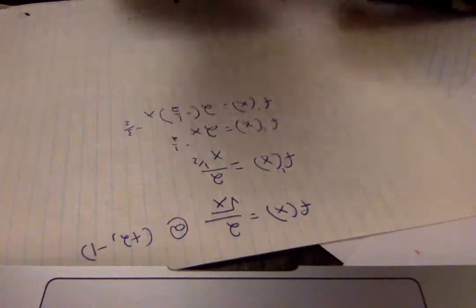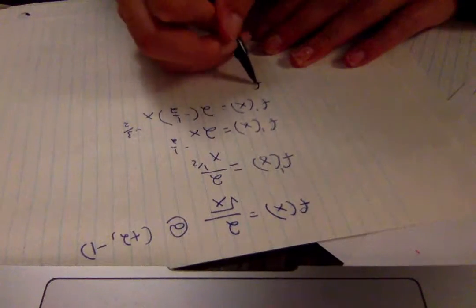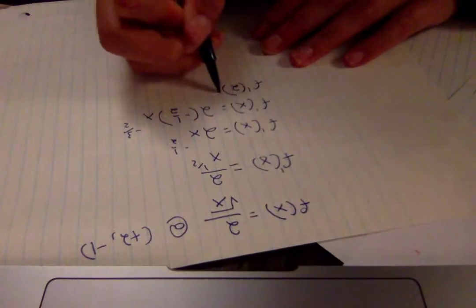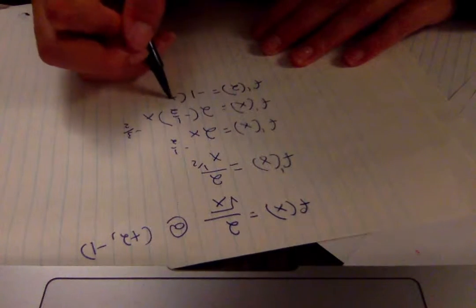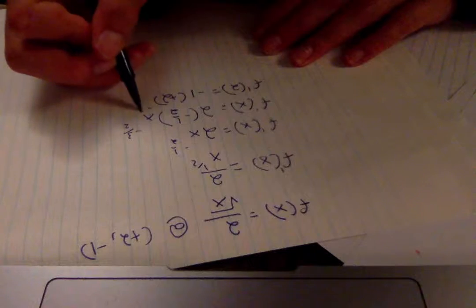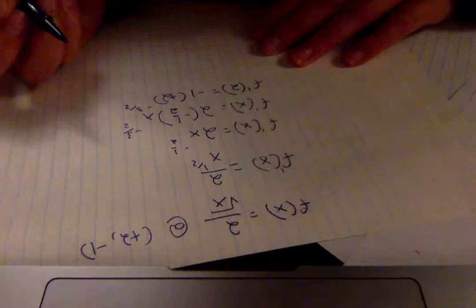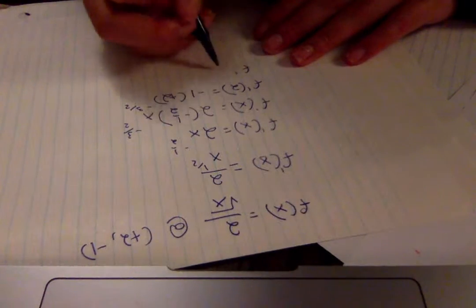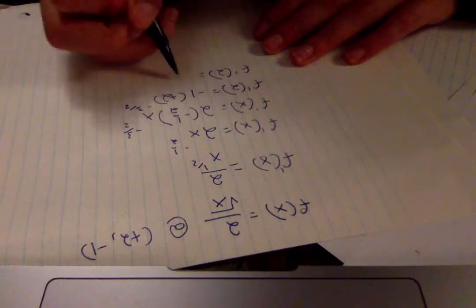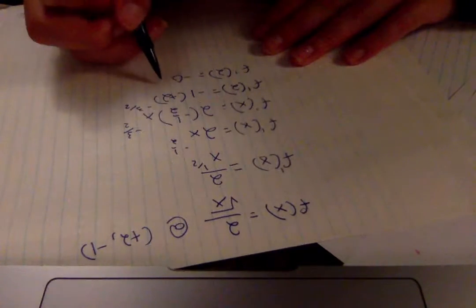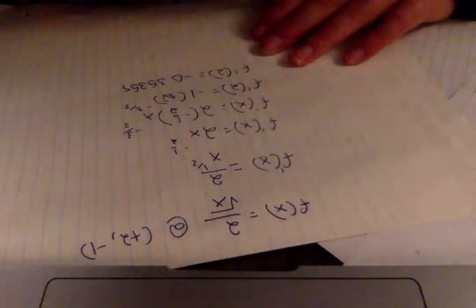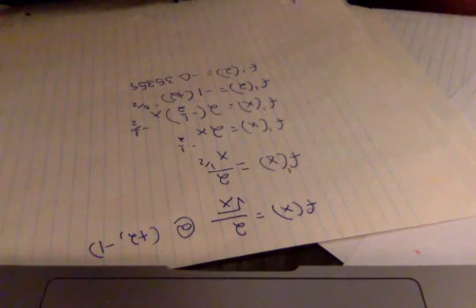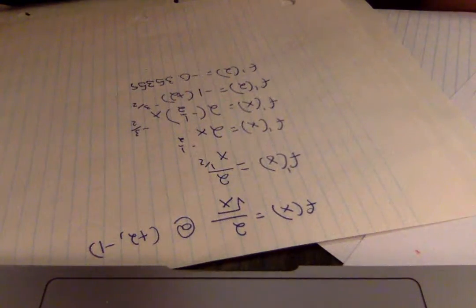So we take f prime of 2 equals -1 times 2 to the -3/2. This gives us that f prime of 2 equals -0.35355. So the slope of the tangent here is -0.35355 at x equals 2.